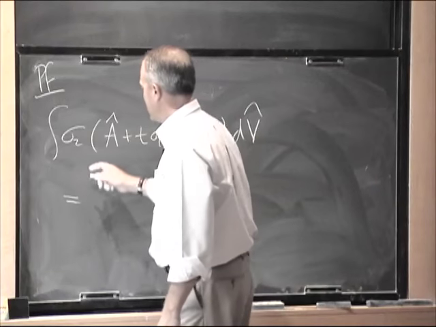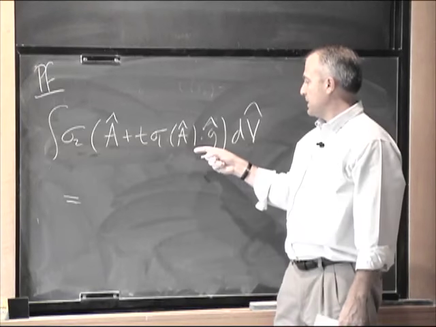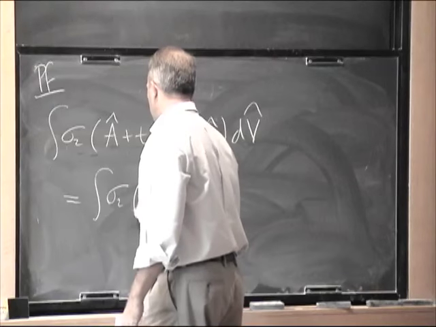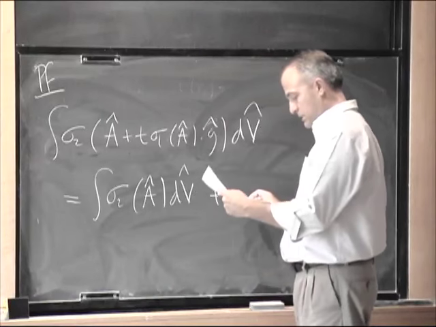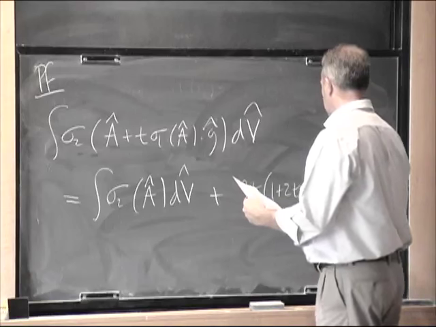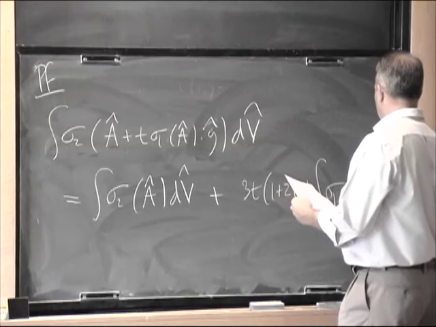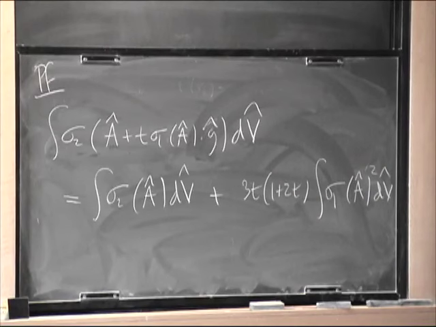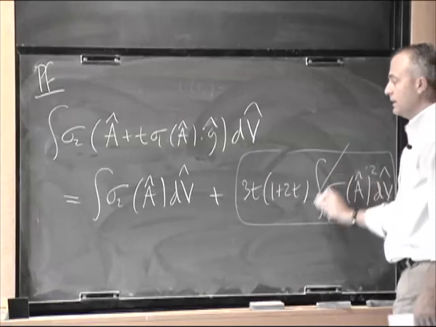Well, you just expand this out. You can just write down sigma 2 of a matrix plus some multiple of the trace. You get sigma 2 of a hat plus some constant. I'll tell you what it is. It's 3t times 1 plus 2t, happens to be, times sigma 1 of a hat squared dv hat. So this term is always non-negative, right? So I can just throw it away.